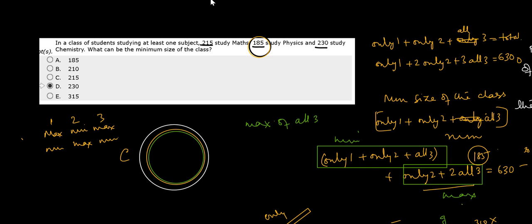So all three maximum in this case would be 185. That means twice of all three would be 370. And in that case, only two would be minimum. So only two would be 630 minus 370, which is 260. Right?